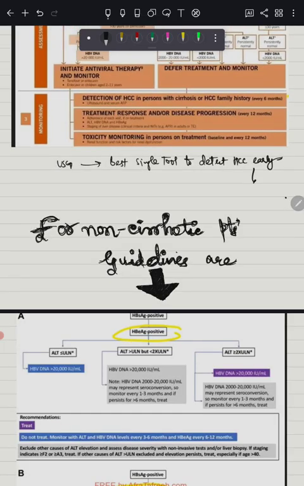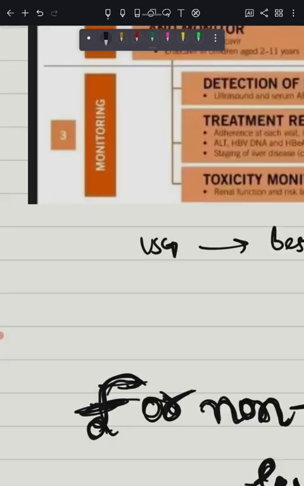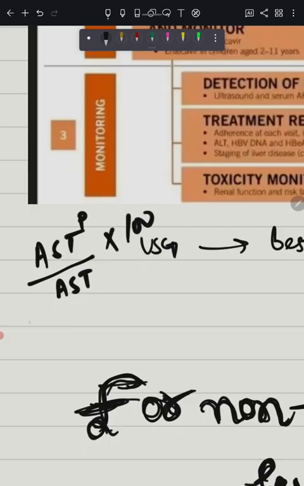So with this APRI, what you do is AST divided by the upper limit normal of AST. So this is AST of the patient, and you multiply it by 100 divided by platelet count, which is 10 raised to power 9 per liter.